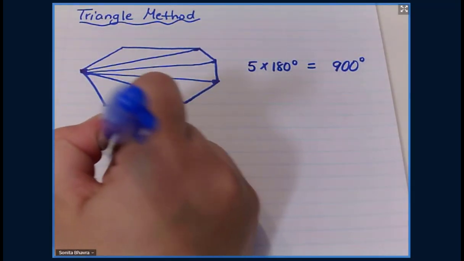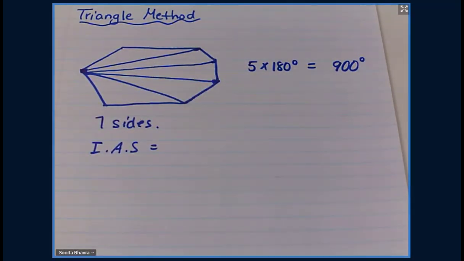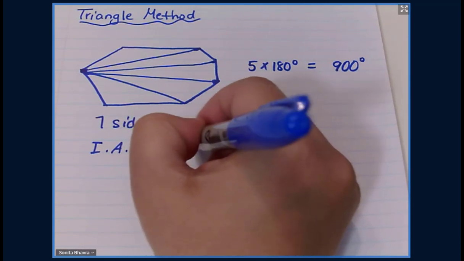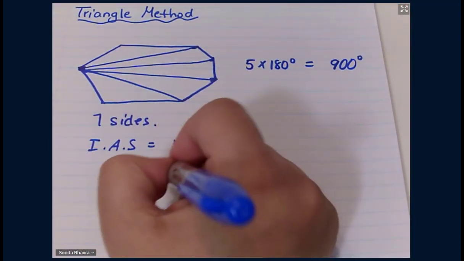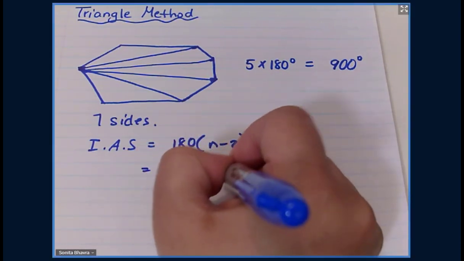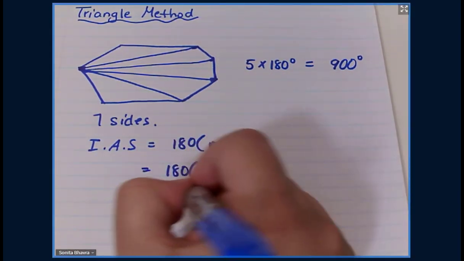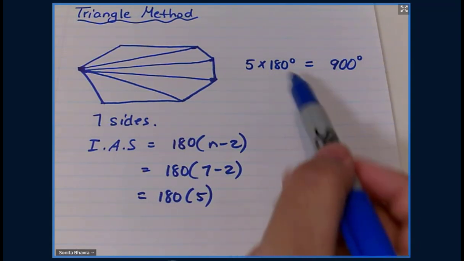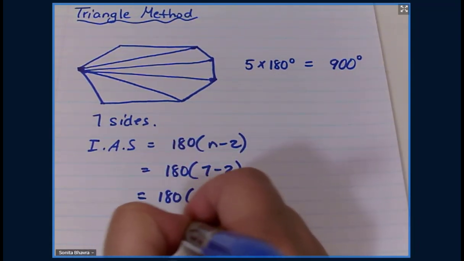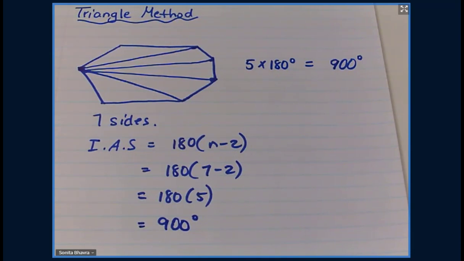IAS is equal to 180(n minus 2). 7 minus 2, which gets us to 180 multiplied by 5. Same thing as here, 900 degrees. All right, so those are the 3 methods to figure out the interior angle sum of polygons.